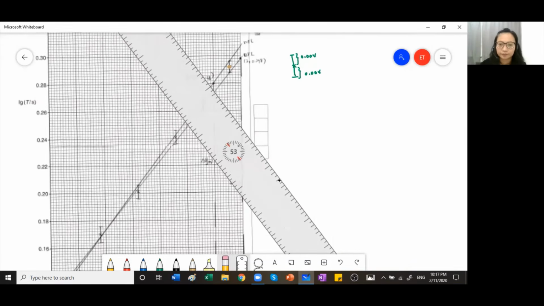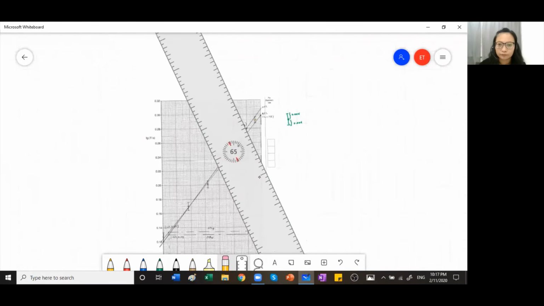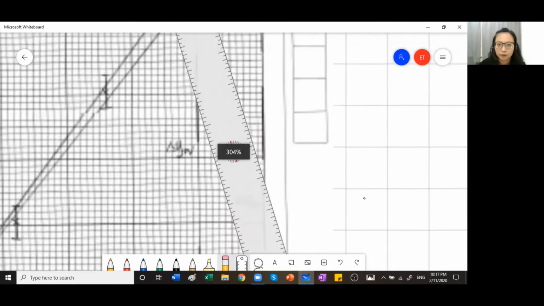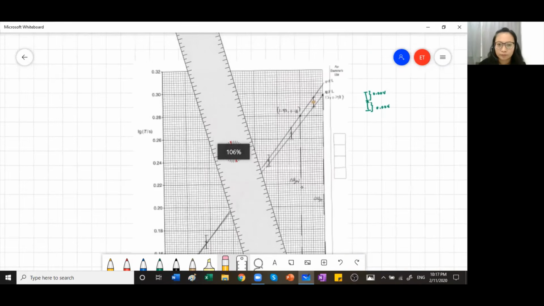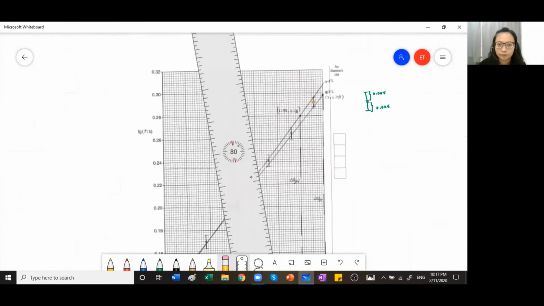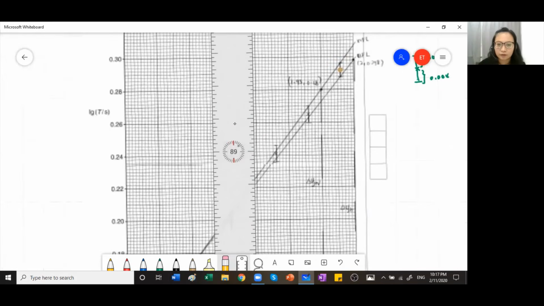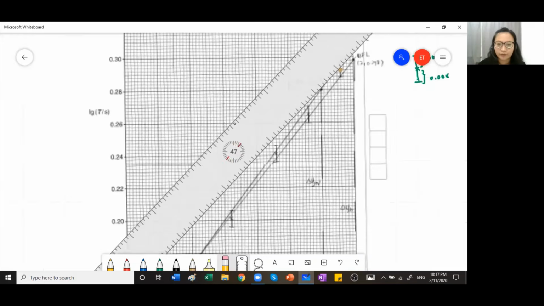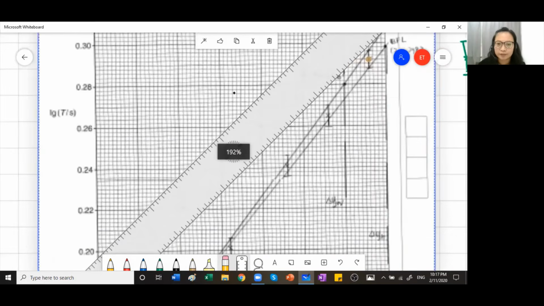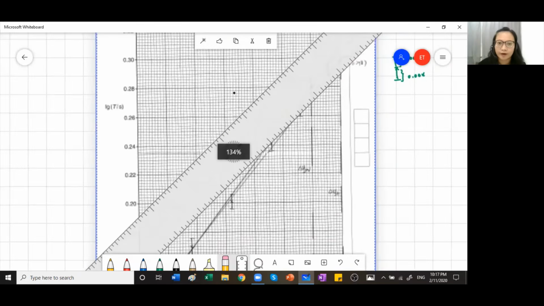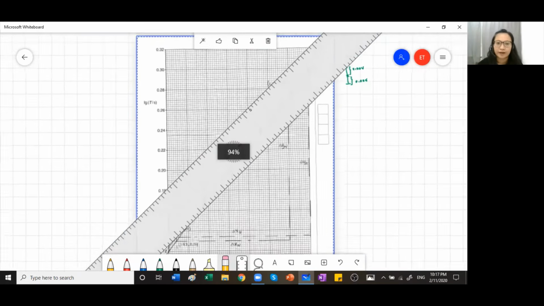Let's say, for example, I just take one example. I'm just going to plot beside this graph that I have already plotted. So your graph is roughly like that one.